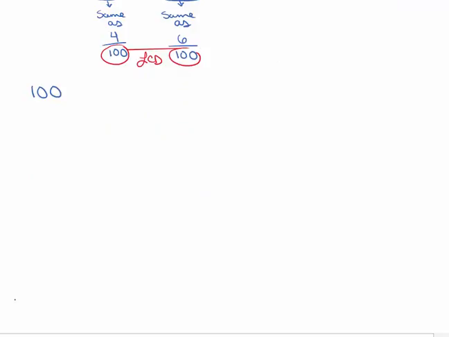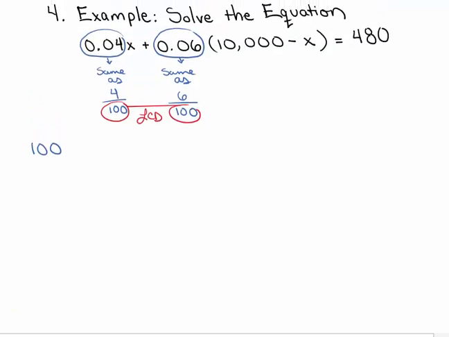I'm going to put the 100, I'm going to open up a set of braces, I'm sorry, a set of parentheses. I'm going to write the original equation inside the set of parentheses, and I'm going to multiply by 100.